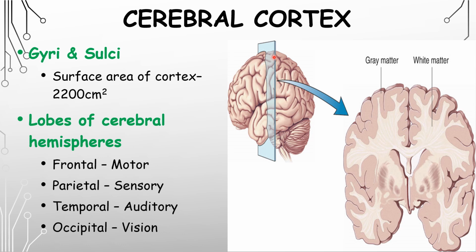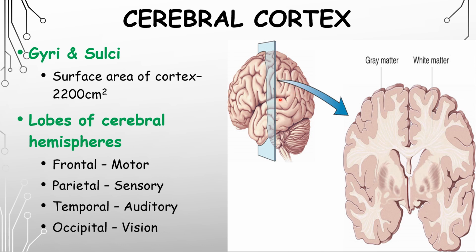The next one is the lateral sulcus. This you can see here. It is the lateral sulcus, also called the sylvian sulcus or posterior ramus. So these are the different names for the lateral sulcus. And the third one is the parieto-occipital sulcus.